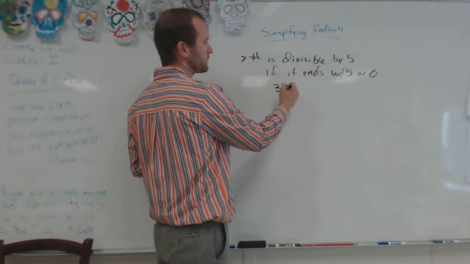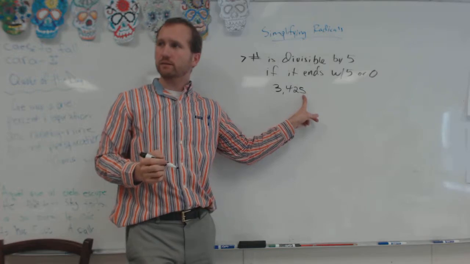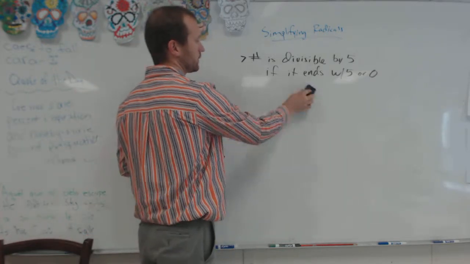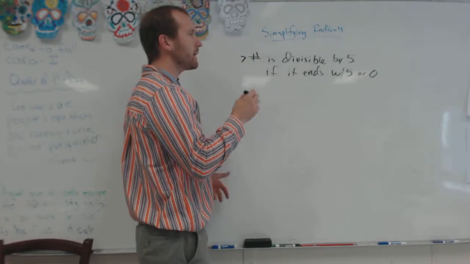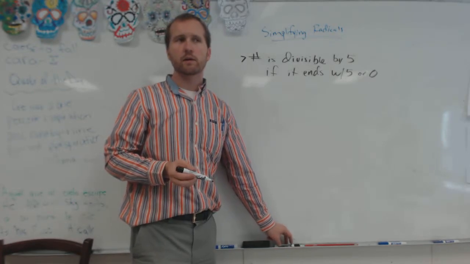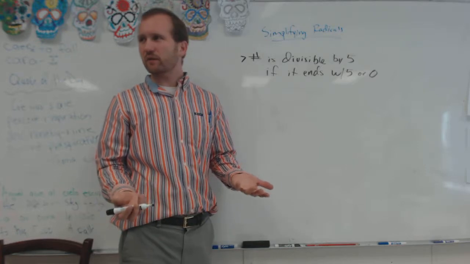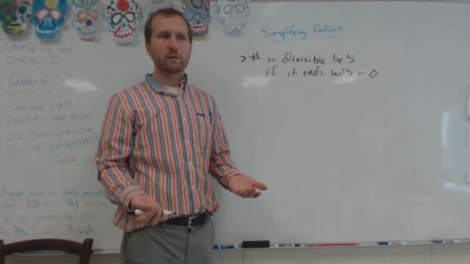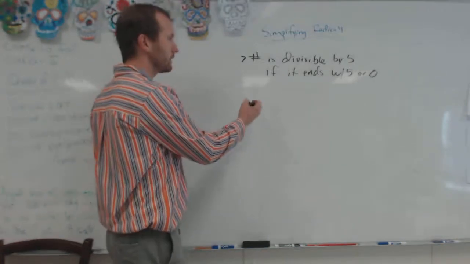So like 3,425 is divisible by 5 because it ends with a 5. I'm not going to talk about all the rules. There are some other rules in here, but like 6 and 7 we don't really care about because they're not perfect squares, right? 8 is not a perfect square.